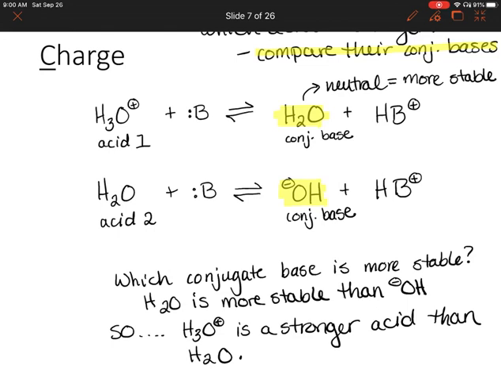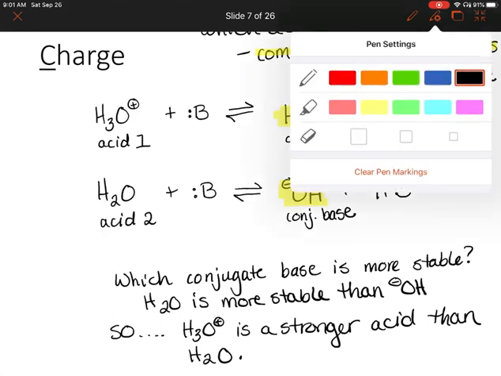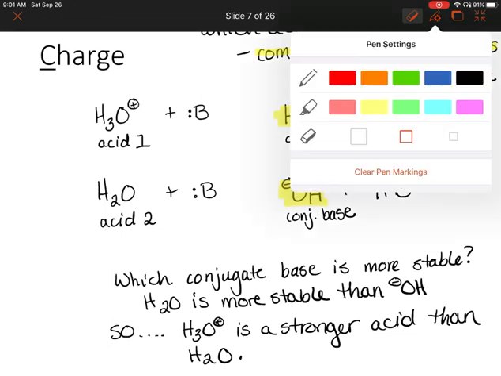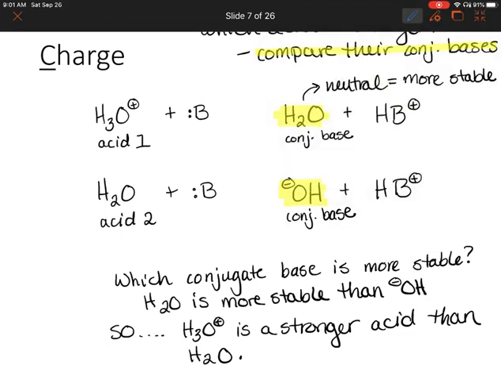Another way to think about this is in terms of equilibrium. So if we think about those arrows up above, I'm actually going to redraw them. So we now know that H3O plus is the stronger acid, and that means that equilibrium favors the products.